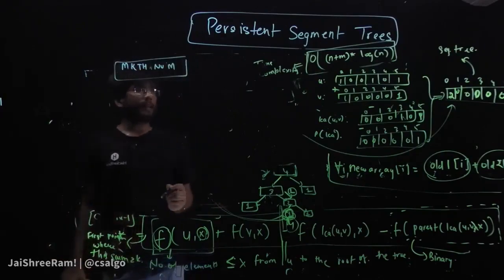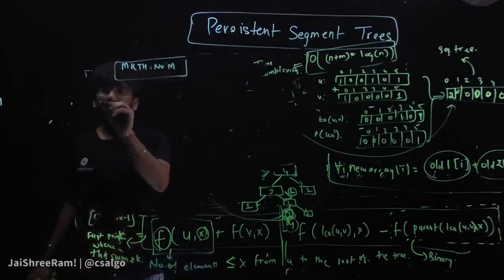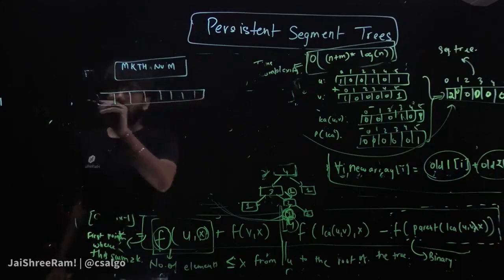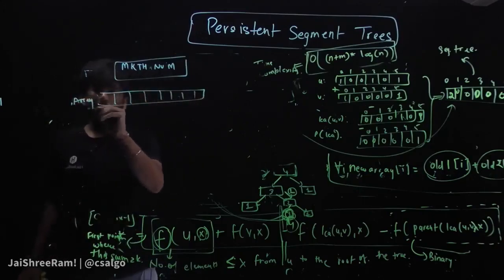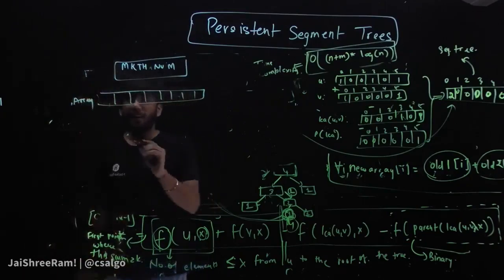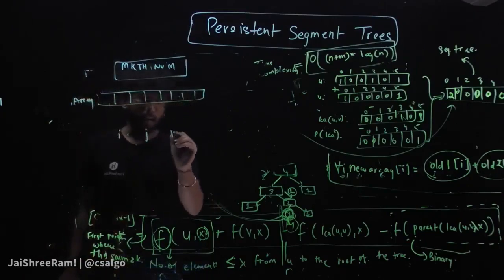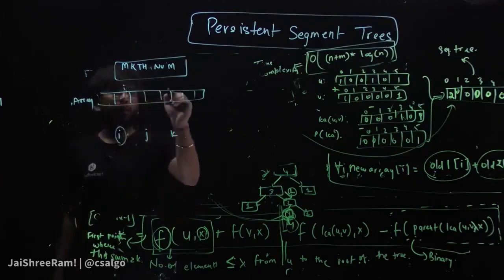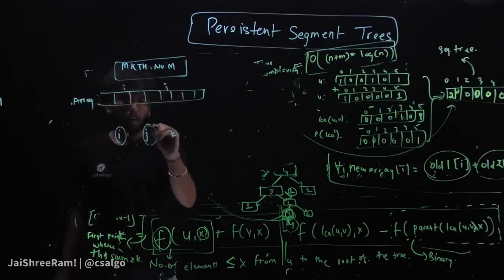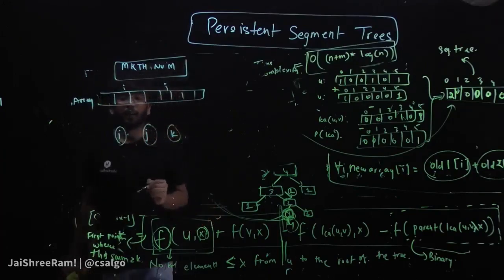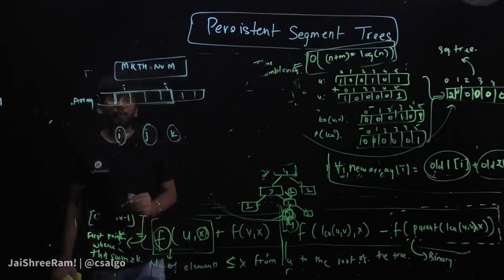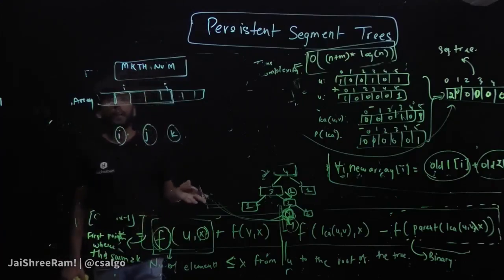So the question states that you are given an array again, and you are given queries like i, j, k, wherein you need to find the kth element from position i to j in a sorted order, just like it was given before.